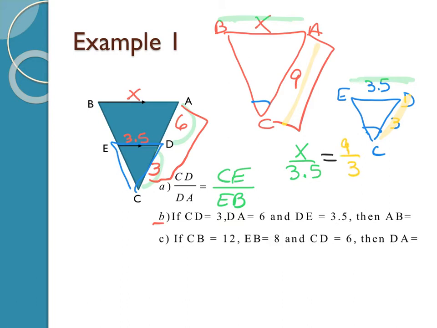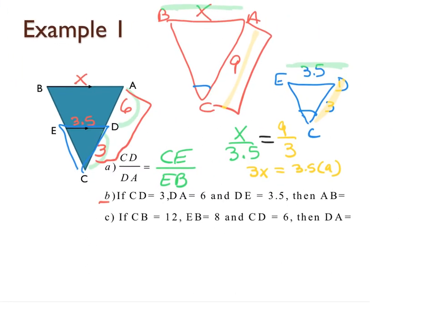I'm going to cross multiply and divide. So 3x is equal to 3.5 times 9. And this will give me 3x equals 31.5. Divide by 3. And x equals 10.5, which is what AB is.